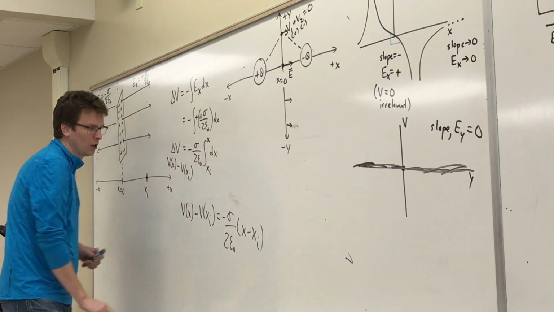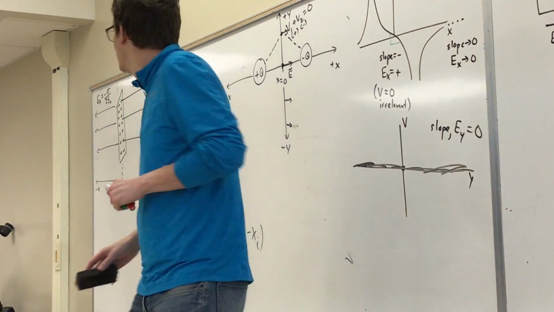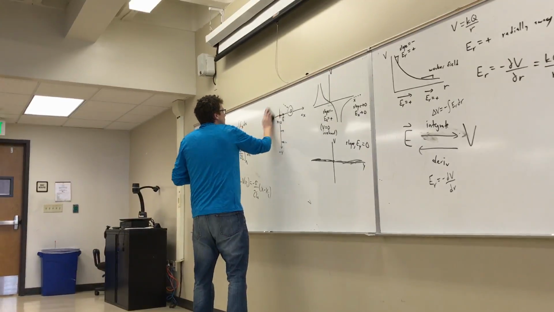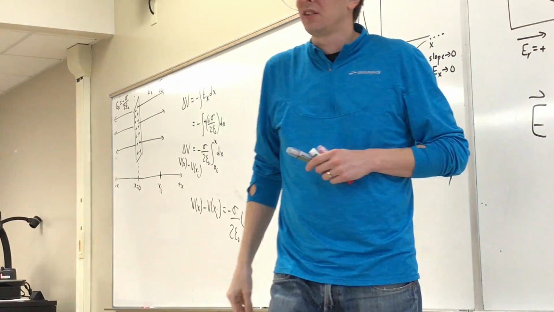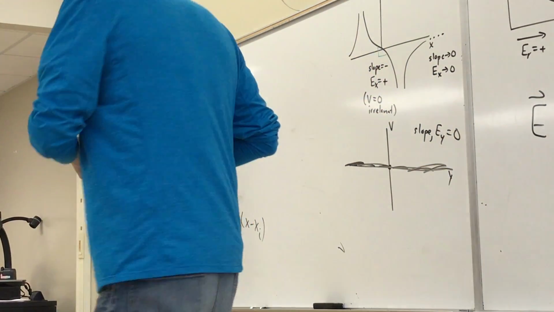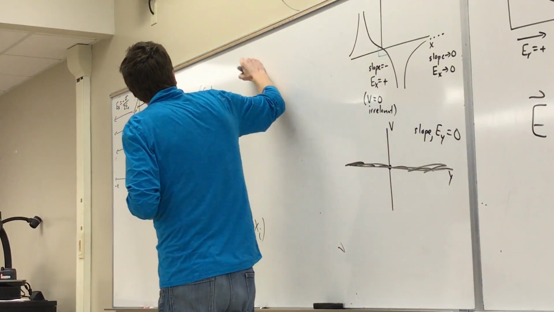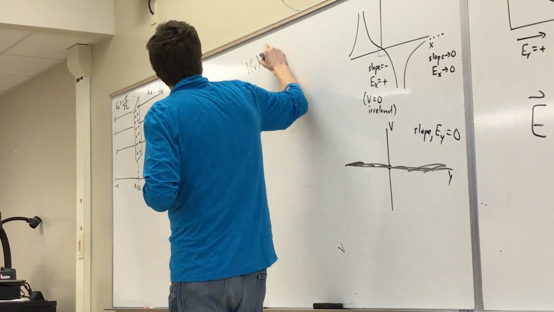So, what do I have? I have a linear function. No big surprises, right? Just x something or other, okay? If you wanted to make it look a little more clean, you could make it look like this.